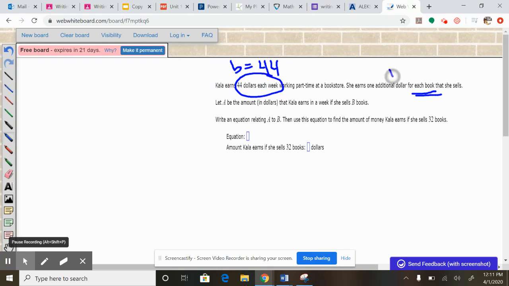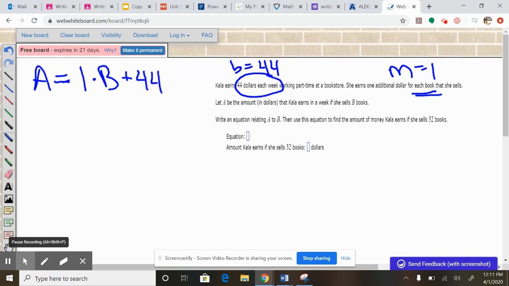My slope is 1. Now again, I'm not using y and x, I'm using A for amount. The amount she's going to make is equal to $1 for every book. So 1 times the number of books plus the $44 she makes no matter what.